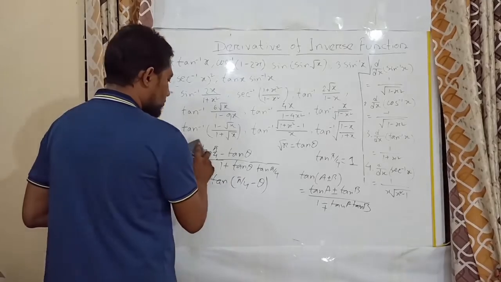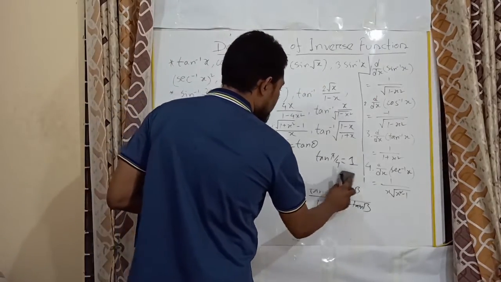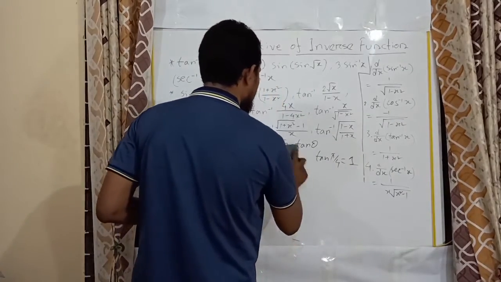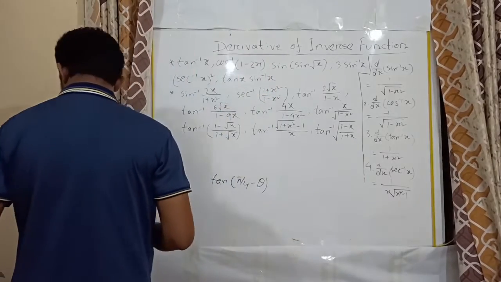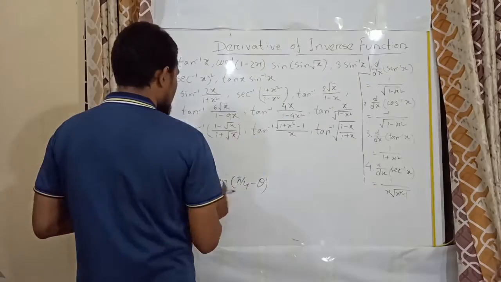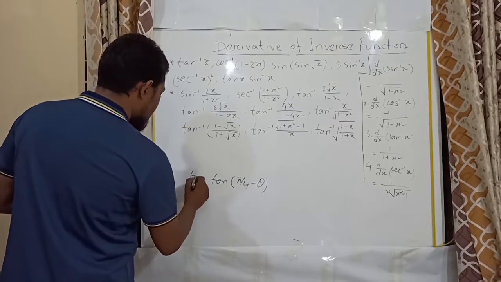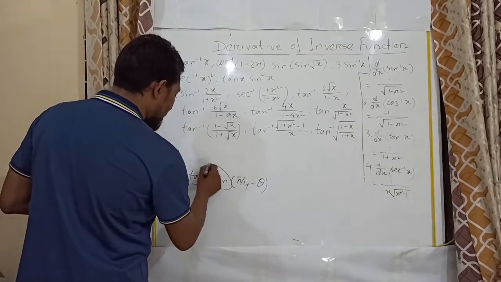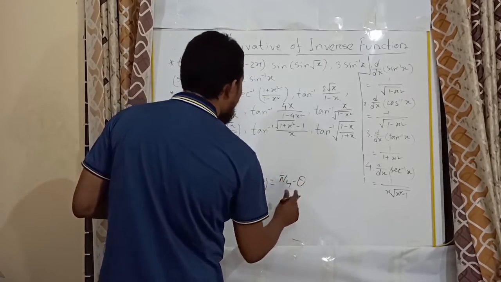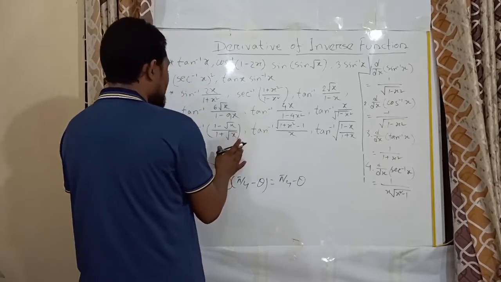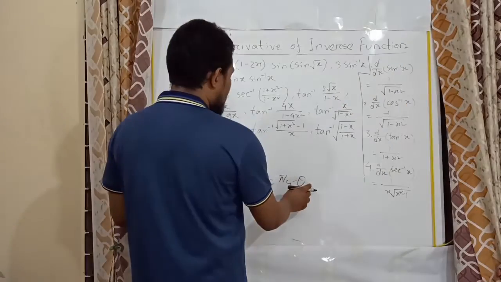It was tan inverse before that, so tan will be cancelled, and our result is pi by 4 minus theta. But as the function was in x format, we cannot conclude here.